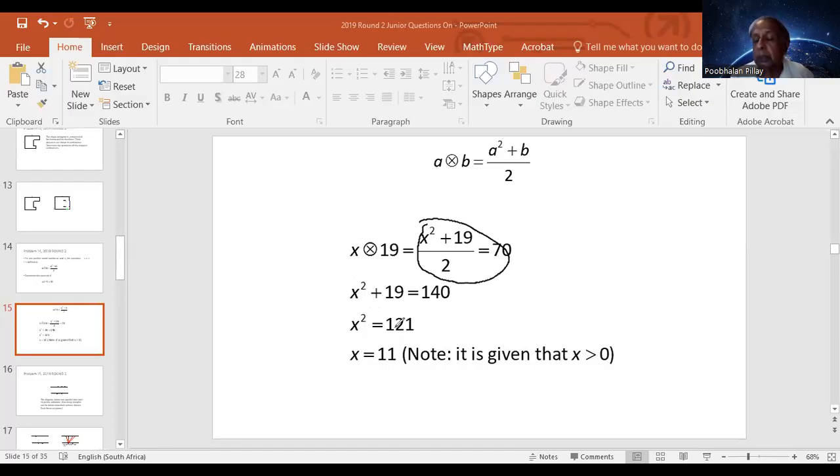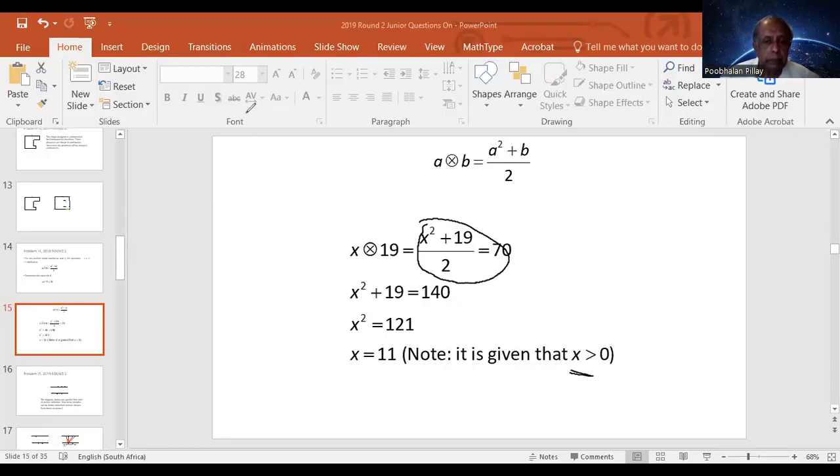If x squared is equal to 121, x could be negative 11 as well, because negative 11 times negative 11 is also 121. But they say that x is positive, so negative 11 can be discarded. It's not accepted. Okay, so that is how you solve that problem.